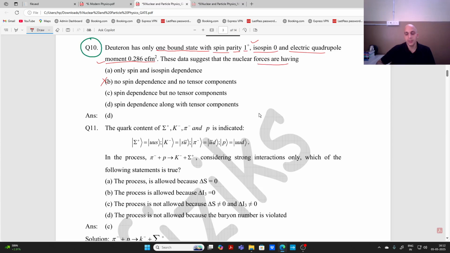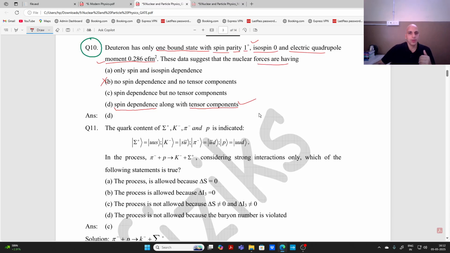Although this tensor word is new for all the UG students, in PG it is discussed in different courses, but we have to remember that the nuclear forces contain tensor component, and spin dependence is discussed already when I discussed the property of nuclear forces, that they are spin dependent, and this is the thing that we have to remember, that they have tensor components, right?